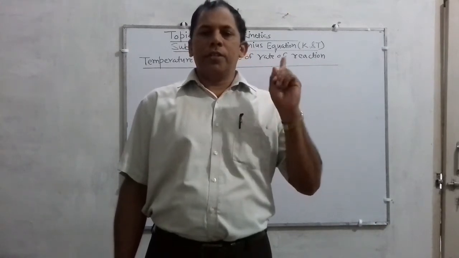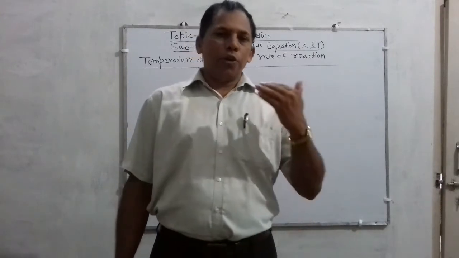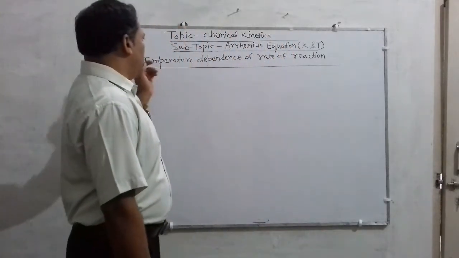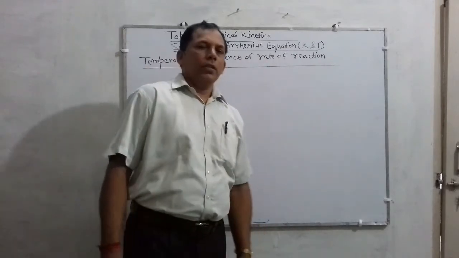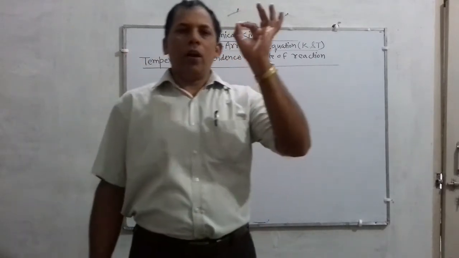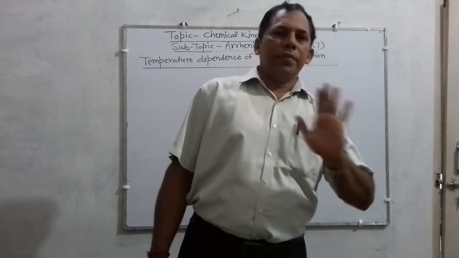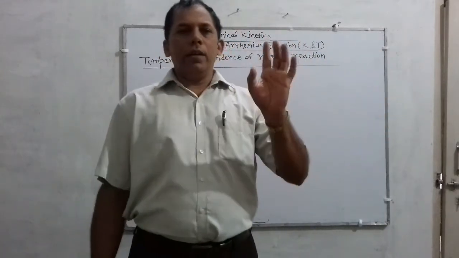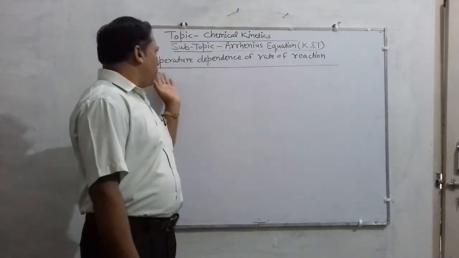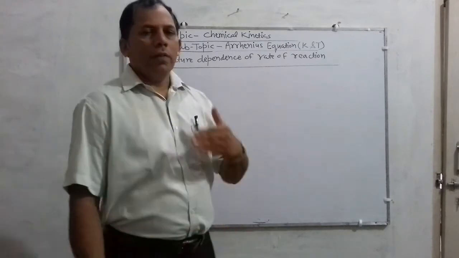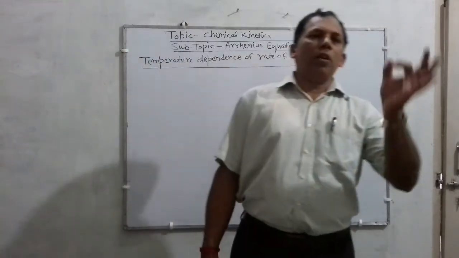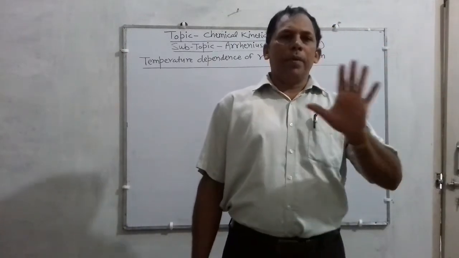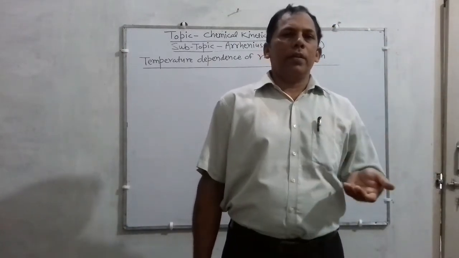And in today's lecture we are going to study one more very important point of this chapter, chemical kinetics, and the topic is temperature dependence of rate of reaction. The question comes: explain or derive the temperature dependence of rate of reaction.